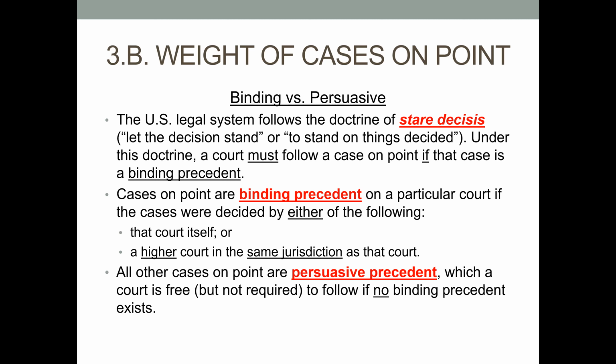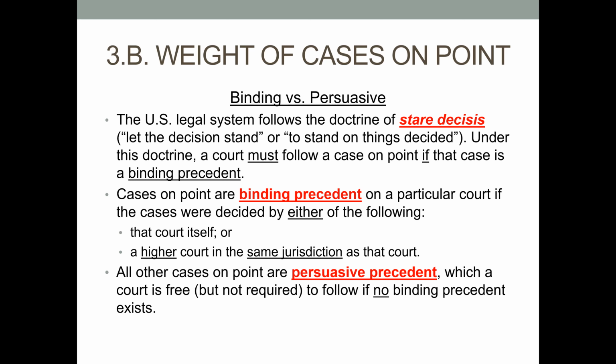Now, if this test is not met for a particular precedent, then a case on point would be instead what we call persuasive precedent. Now, in the absence of any binding precedent, the parties can cite to the court persuasive precedent.